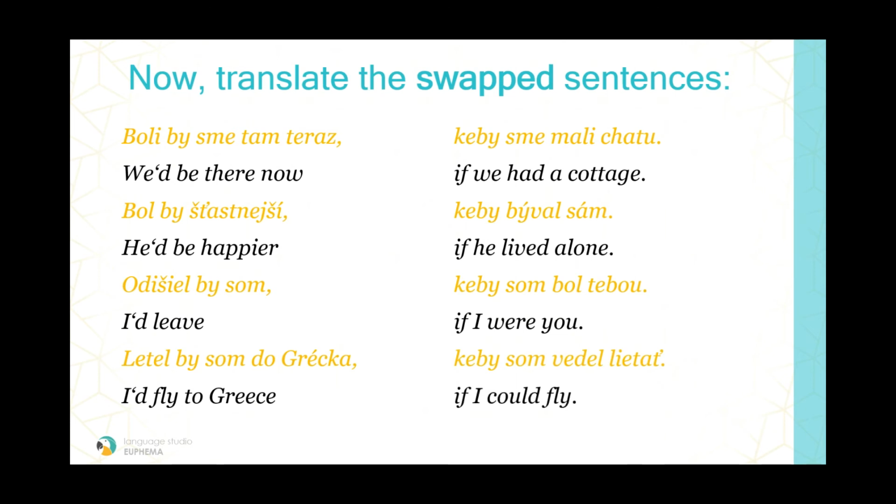Very well. Okay, so you see the whole sentences now. We'd be there now if we had a cottage. He'd be happier if he lived alone. I'd leave if I were you. And I'd fly to Greece if I could fly.